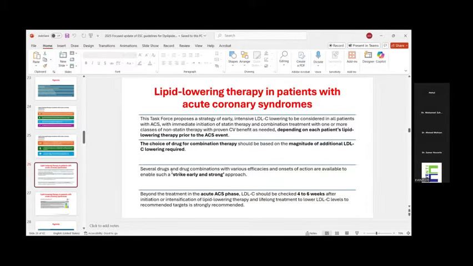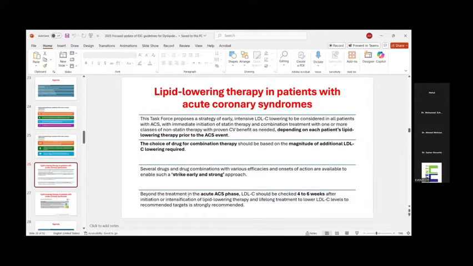Several drugs and drug combinations, with various efficacies and onsets of action, are available to enable such a strike early and strong approach. So this is a new concept in patients with acute coronary syndrome: to start with combination therapy from day one.